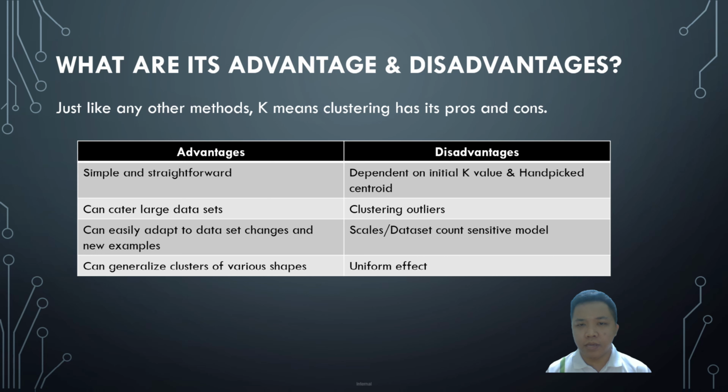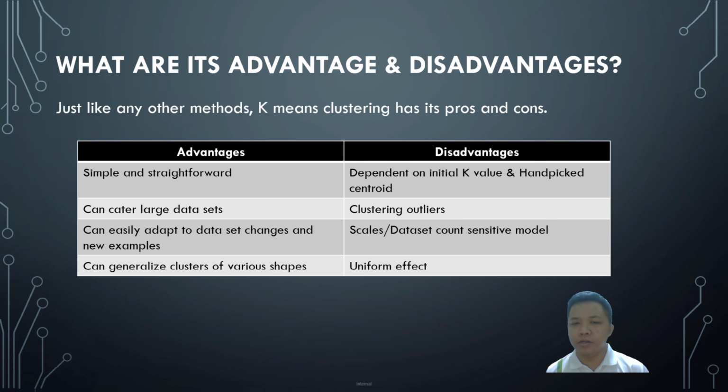It can also generalize clusters of various shapes. However, there's always a disadvantage to any method, regardless of the technique. K-means clustering is dependent on the initial k value. There is a scientific way to calculate the k value, but this one works more on a rule of thumb and is pretty manual to begin with. For your initial step, you have to handpick your centroids.